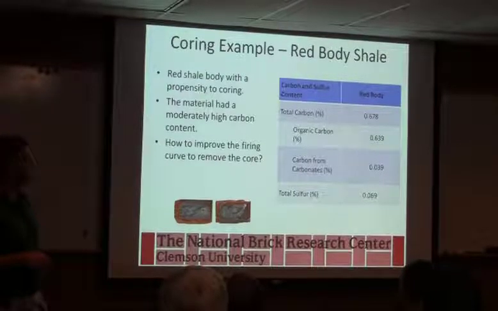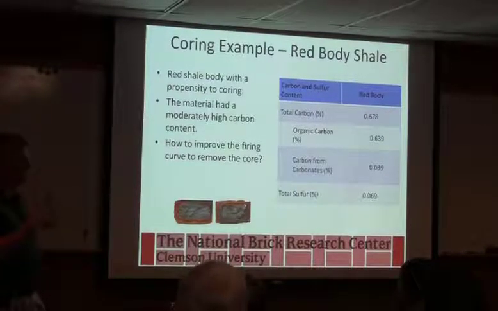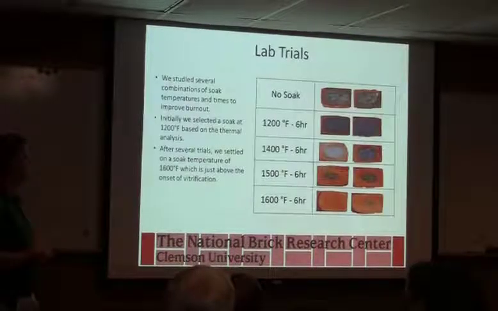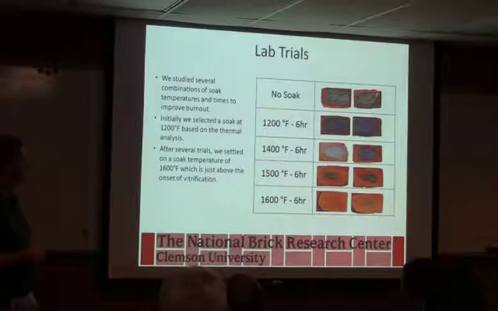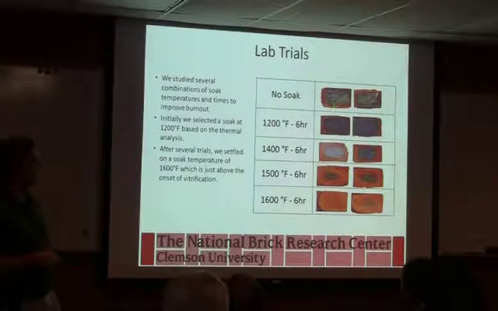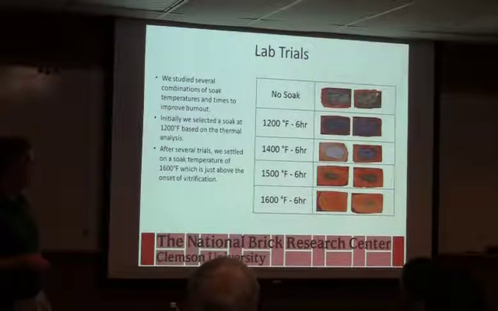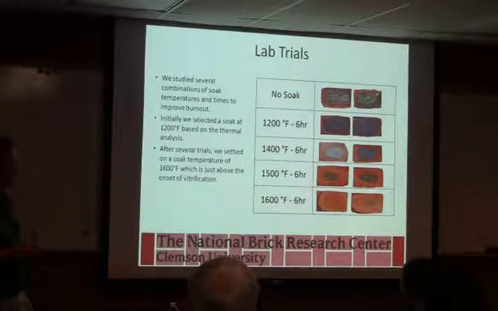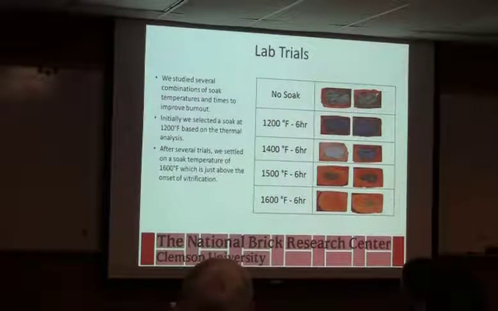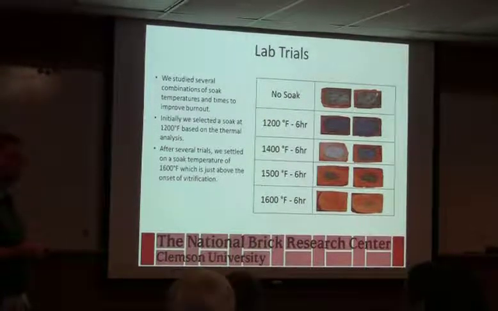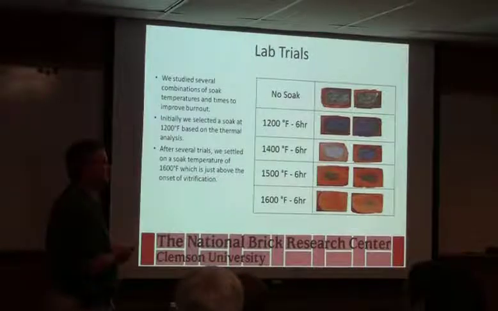Again, we can do this analysis at the lab to find out what state these materials are in and how mobile they are going to be. Then doing lab trials, we looked at no soak, 6 hour at 1200, 6 hour at 1415, and you can see as we got up to the higher temperatures, the reaction rate increased as well. At 1600 it sealed over and you can't get it out anyway.